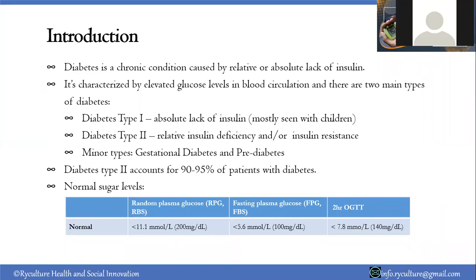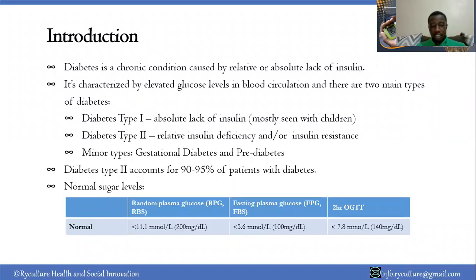We have to understand that diabetes type 2, which is the main focus of our discussion today, is the most prevalent one. Majority of people with diabetes have type 2, that's 90 to 95% of patients, and the other 5 to 10% have diabetes type 1 or are in the minor categories, that is gestational diabetes and pre-diabetes. Gestational diabetes is when people have elevated sugar levels during the pregnancy period.